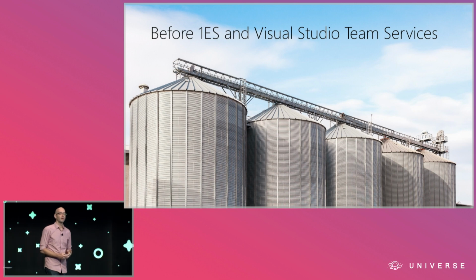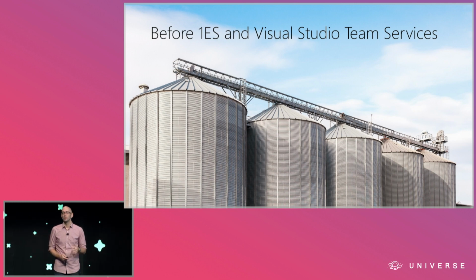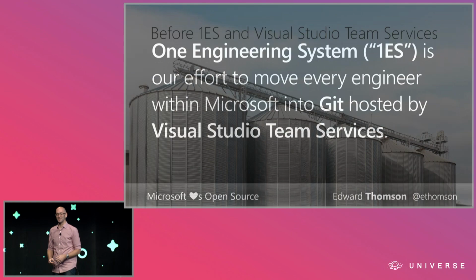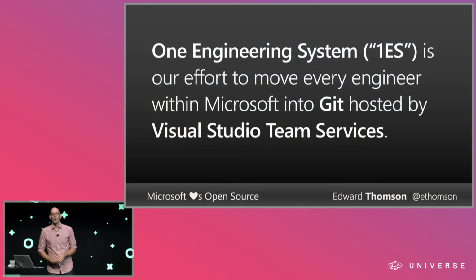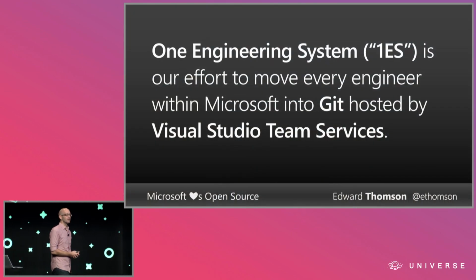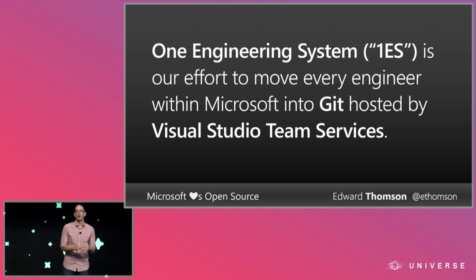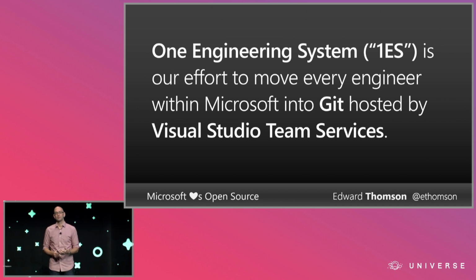He said that Microsoft was going to go down the road of building one engineering system. And of course, it's Microsoft, so we've got a three-letter acronym for it. It's 1ES. With one engineering system, we were going to adopt the best-of-breed technologies for everything. We were going to move everybody into Git.